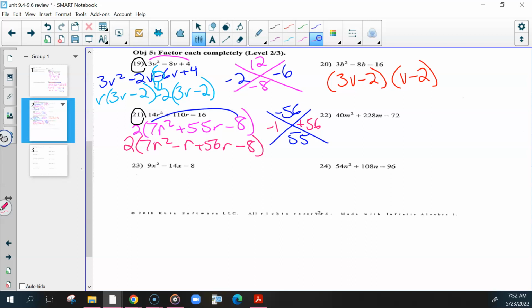And then we can split the middle, start factoring by grouping. 7r squared and minus r, what do those two have in common? I'm going to write this here.